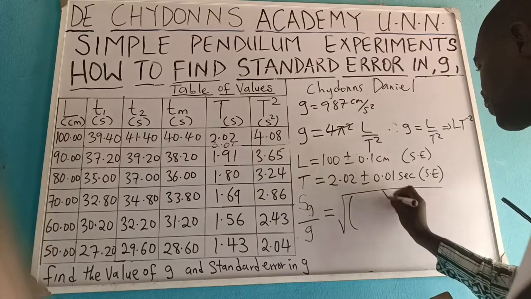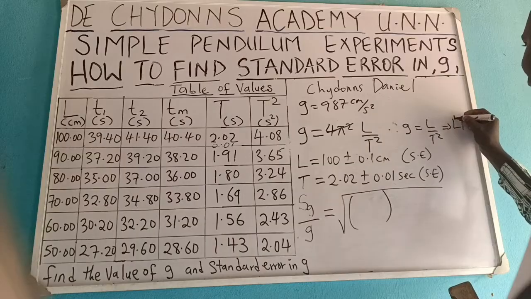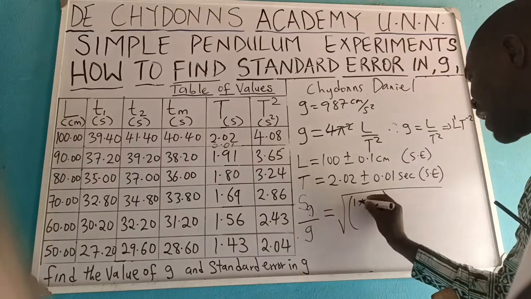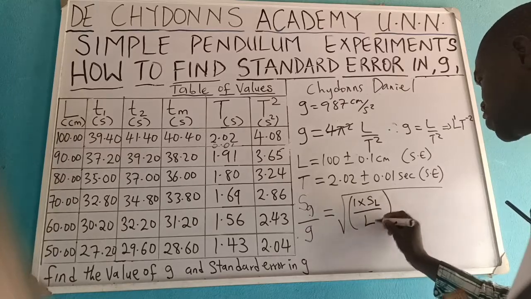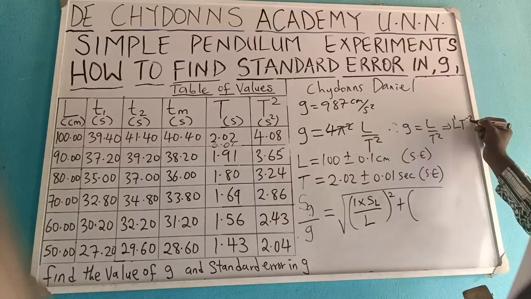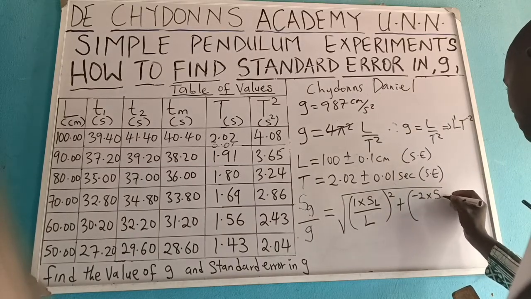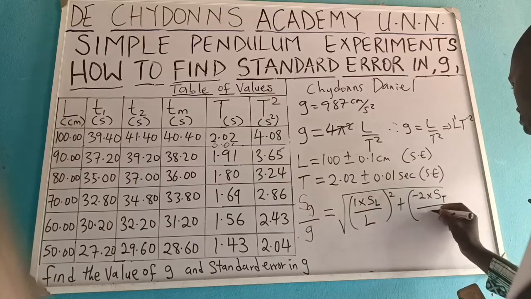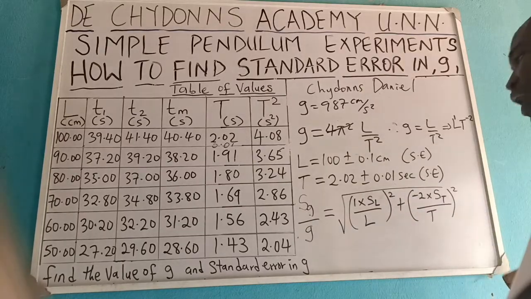Square root of, we now say, what is the power of this length? 1. 1 times standard error in finding length, all over length, all squared, plus, what is the power of this T? Minus 2 times standard error of finding period, all over period, all squared. This is what we have to do.